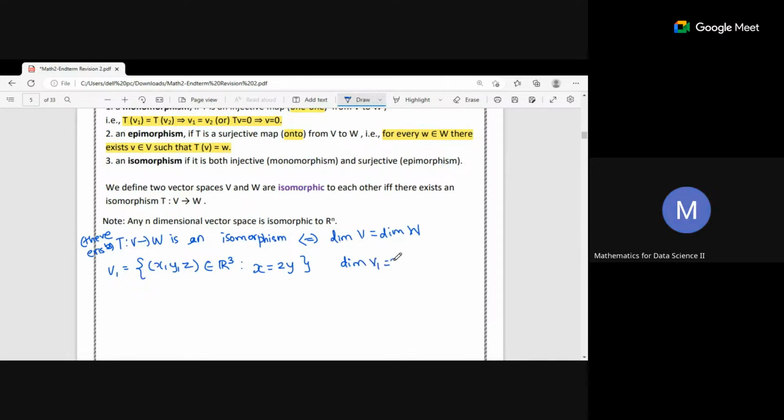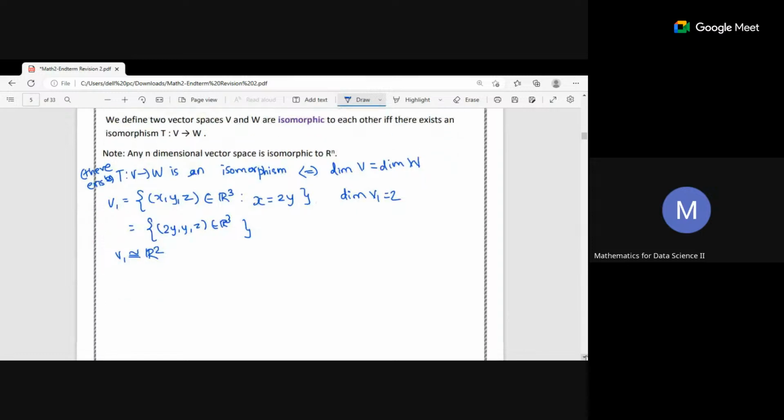Dimension of V1 is 2 because this reduces to 2y, y, z in R3. So you have only two unknown variables here. Dimension is 2. So if the dimension is 2, to which space is it isomorphic? Can you tell? R2. Okay. So can you give an example of a matrix space which is isomorphic to V1?